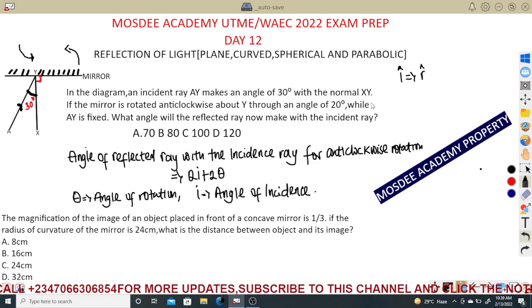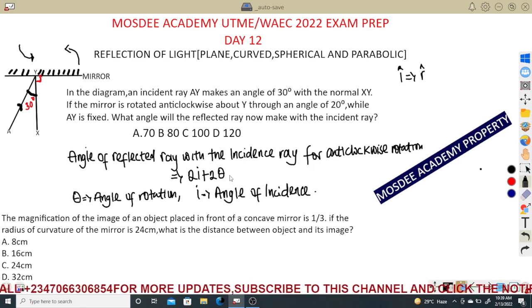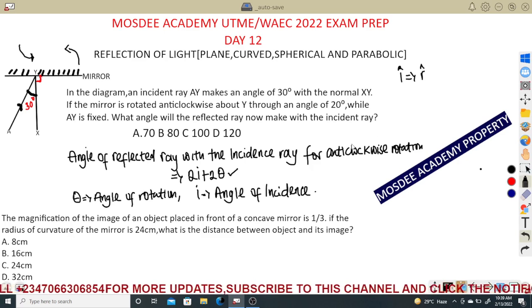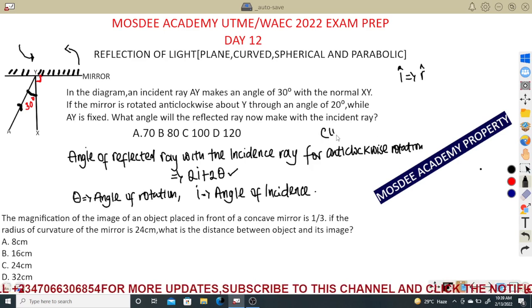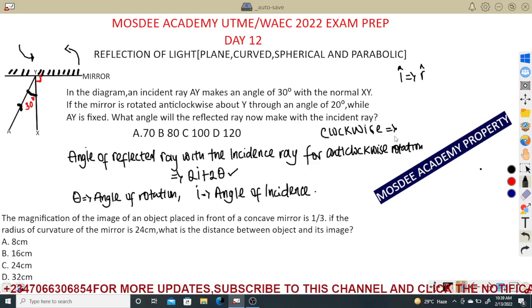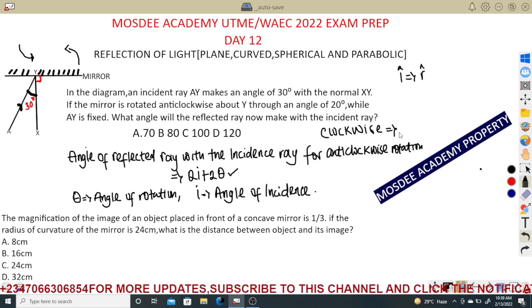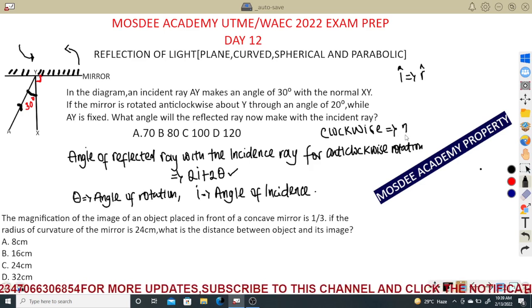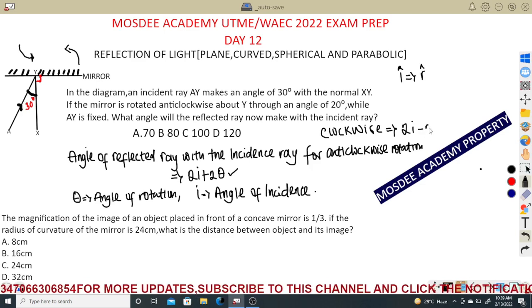Then another important thing to keep in mind: we have taken this for anti-clockwise rotation. In case of clockwise rotation, I am not here to teach concepts, just to solve questions, the new angle between the reflected and incident ray is now 2I minus 2 theta.